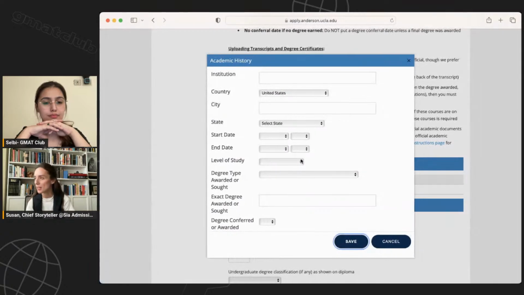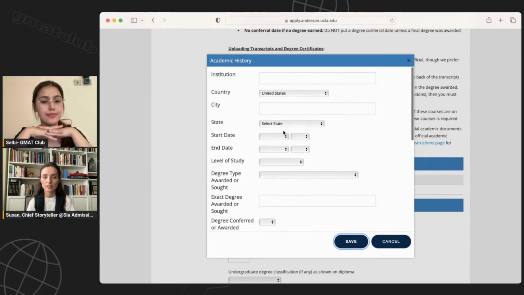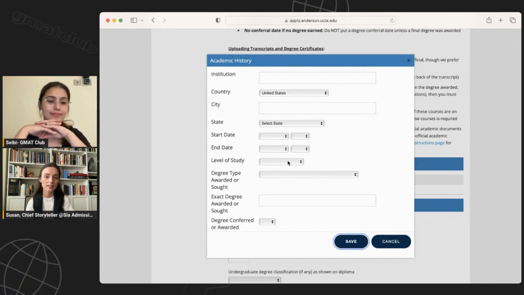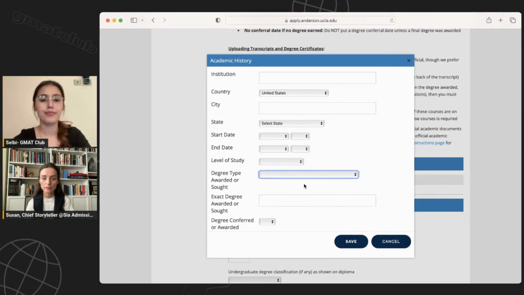So here you will have a window that pops up, just making sure that it does. Okay. And you're going to include the academic institutions that you've attended, obviously the name, the country, the city, the state or province, or depending on where you're coming from, the dates that you attended, and level of study. You'll choose here which one applies to you. Degree type, you have options to select from this drop-down list.